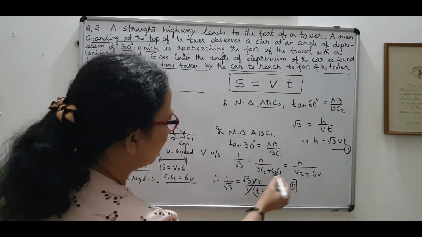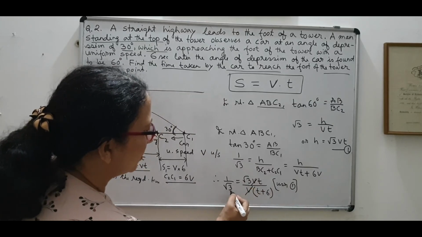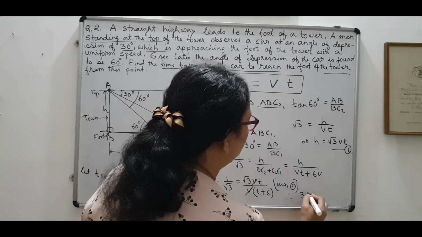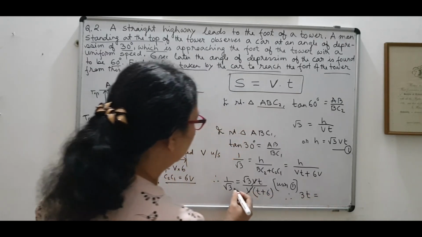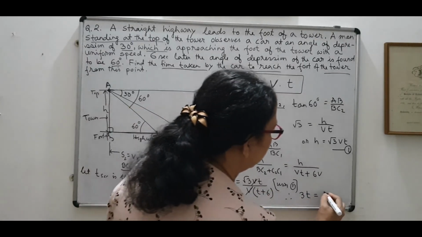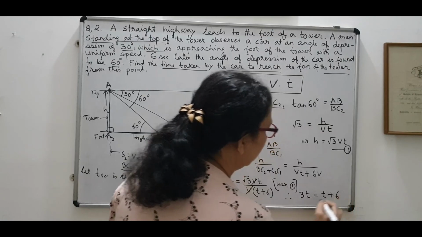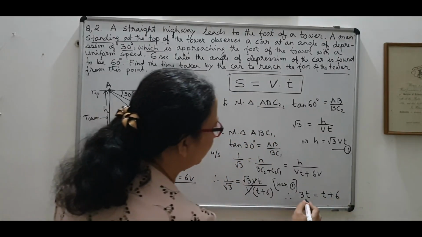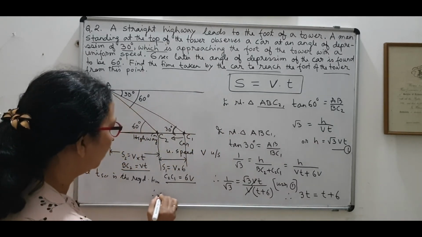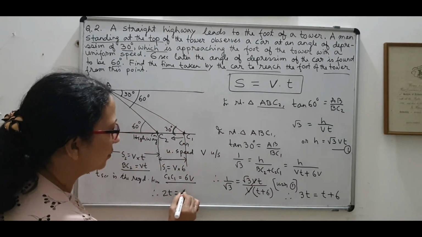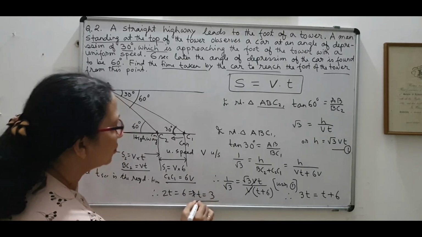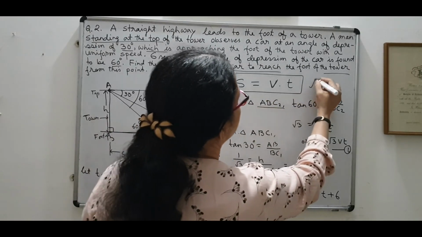So now you simply cross multiply. Root 3 into root 3 is 3, so 3t is equal to t plus 6. Therefore 2t is equal to 6, which gives you t is equal to 3. So the answer is 3 seconds.